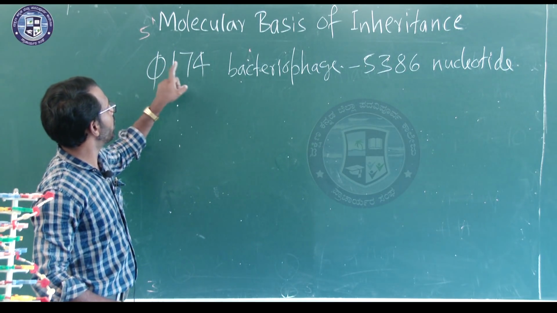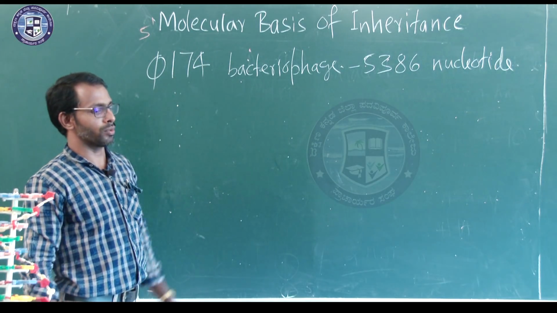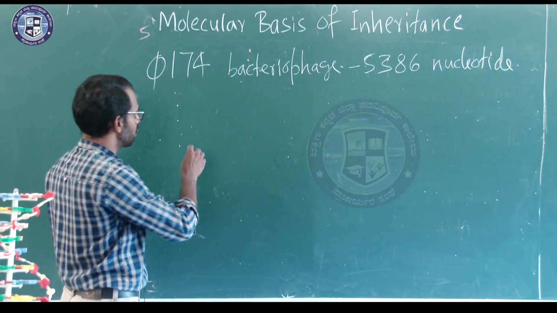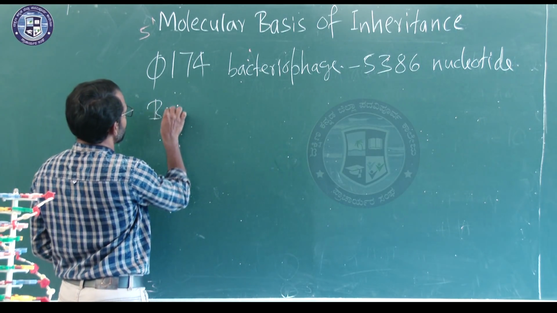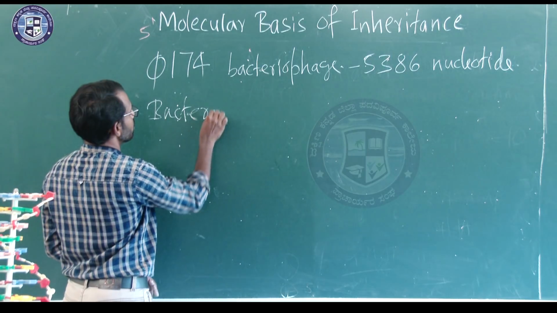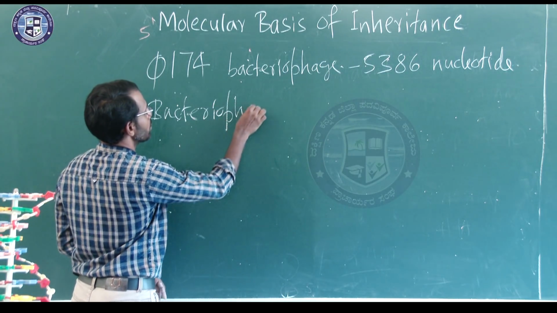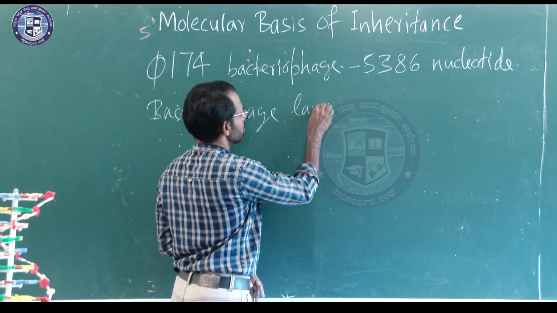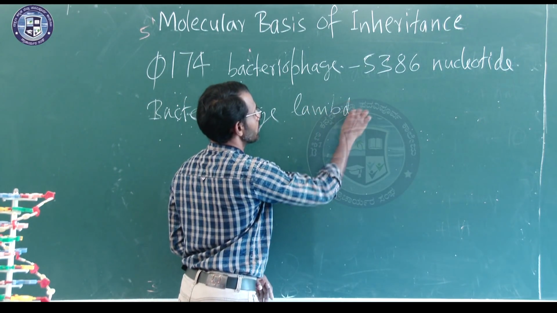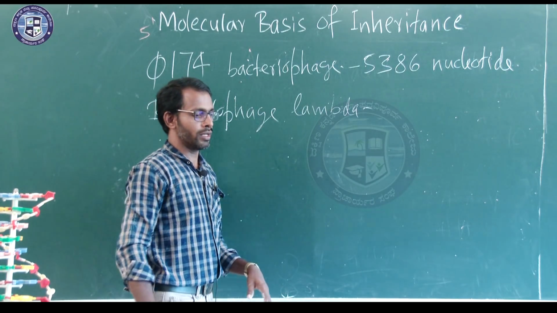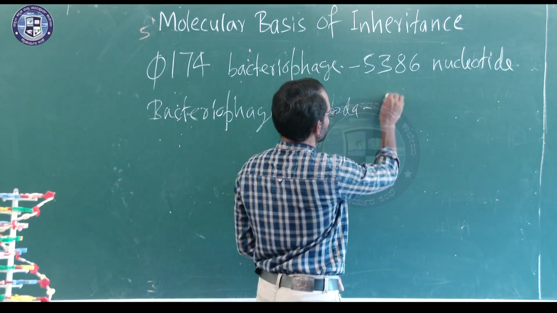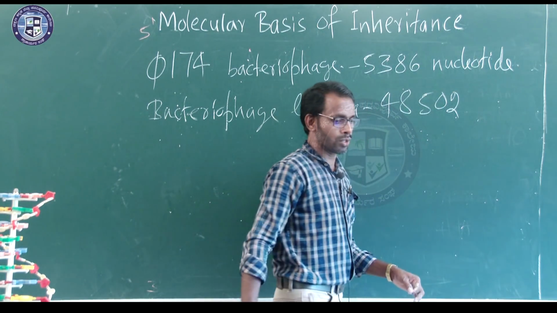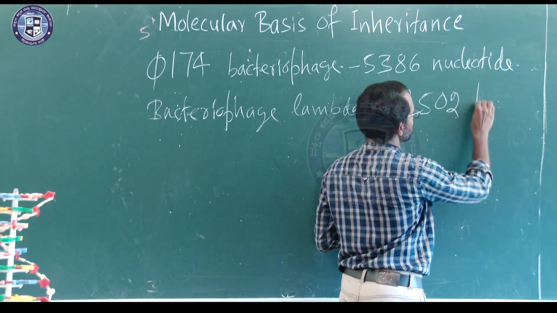When it comes to a kind of bacteriophage called bacteriophage lambda, the length of the DNA found here is 48,502 base pairs.